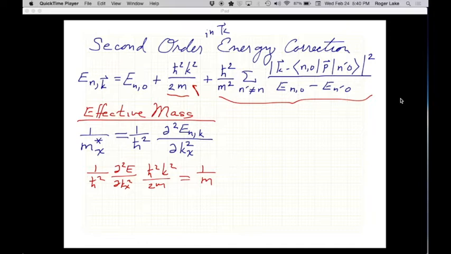I pull out a factor of 2, that kills the 2 in the denominator. I'm dividing by h bar squared, so that kills the h bar squared. So that's easy. To be clear, this is not an effective mass, this is your bare electron mass. So clearly, to get an effective mass, it's all going to come out of that other term. So let's look at that other term.